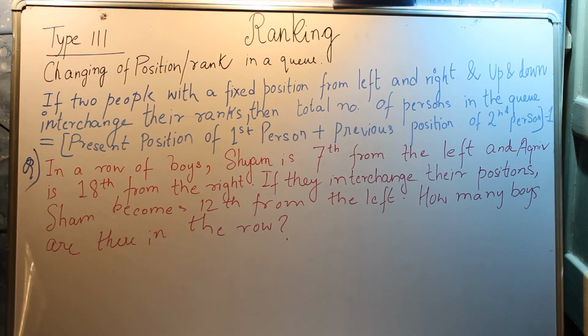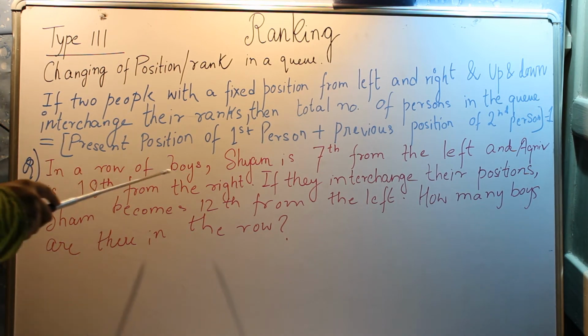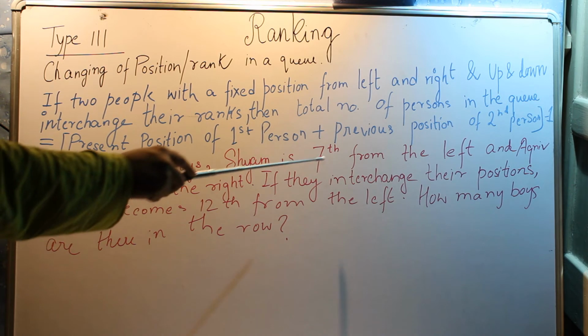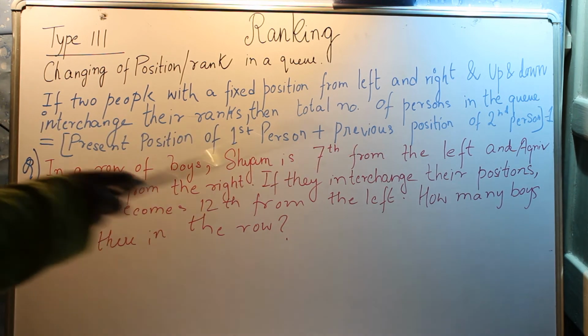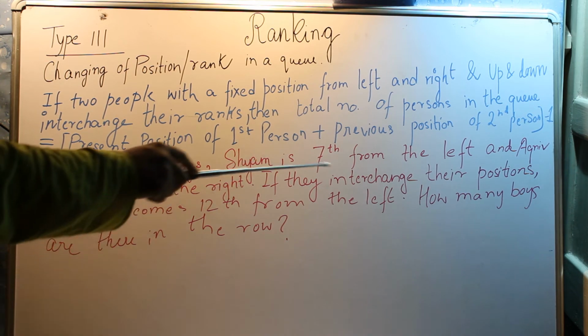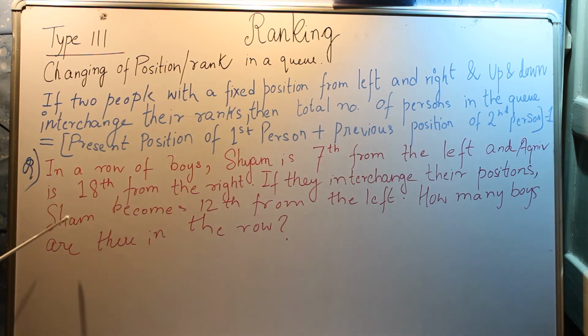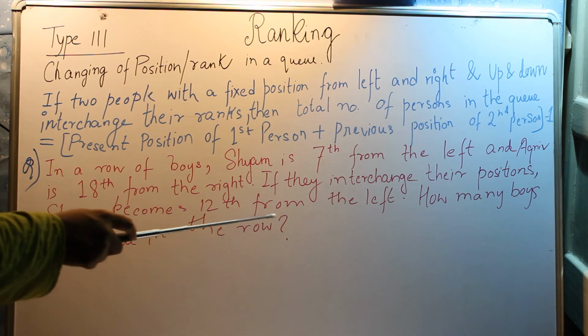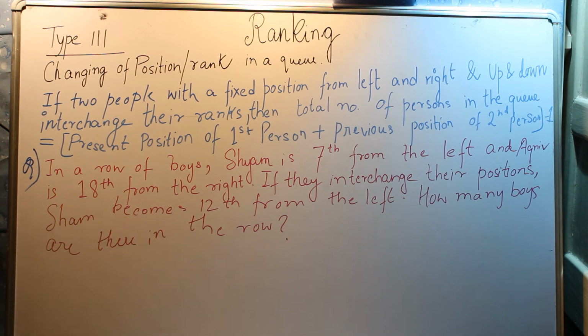Now let's discuss the question. In a row of boys, Sham is 7th from the left and Ognif is 18th from the right. If they interchange their positions, Sham becomes 12th from the left. How many boys are there in the row?